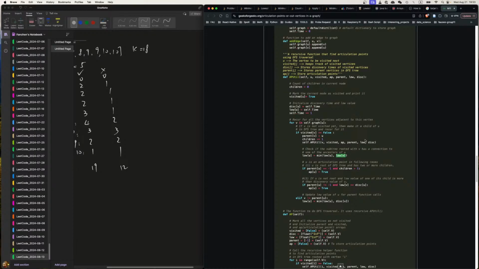If the subtree rooted with V has a connection to one of the ancestors of U, and V is its child. U is a root and has 2 or more children.